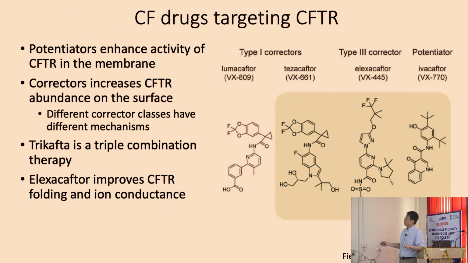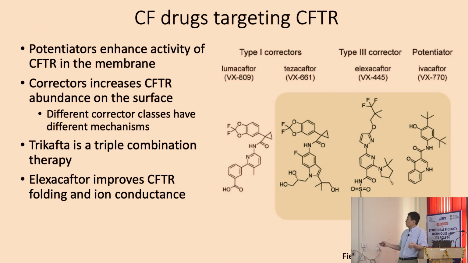So you increase the activity and you increase the abundance. Nowadays, the most popular treatment is something called Trikafta, which contains 3 molecules, so a combination therapy. So 2 correctors and 1 potentiator. These are all called caftors; that's this class of compounds. They all have something called caftor in the name.